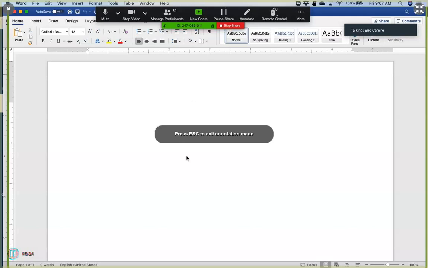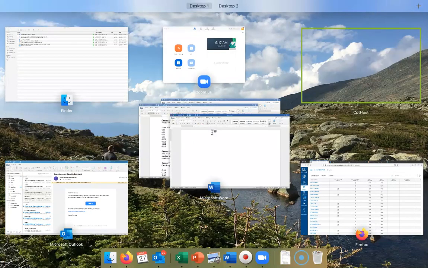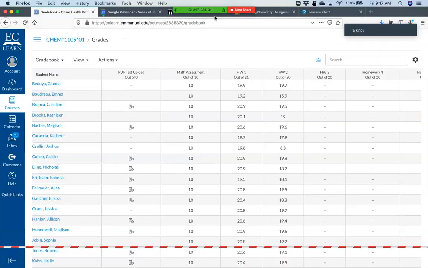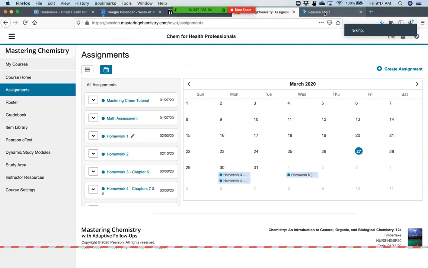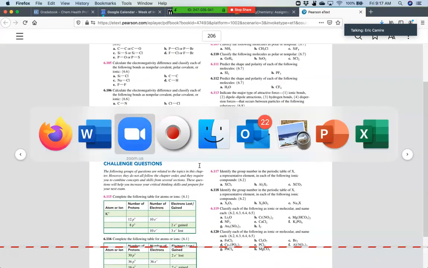Oh, I'm hitting the wrong thing again. I get two screens, it gets confusing. All right, let me try doing this. I'm going to leave you on the blank screen for a second while I take a look. So let's see, what page?